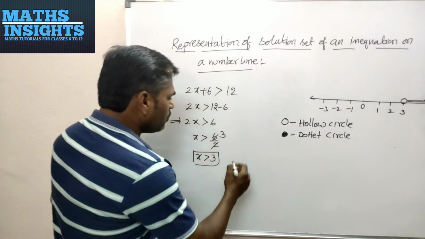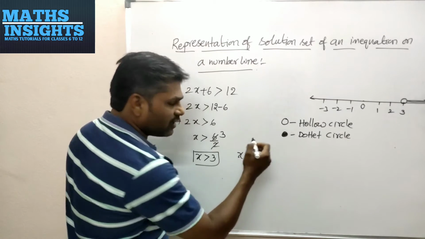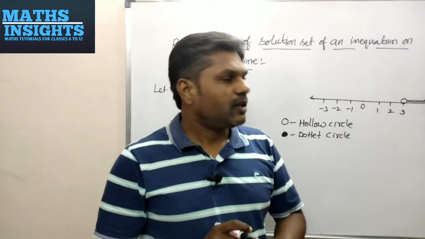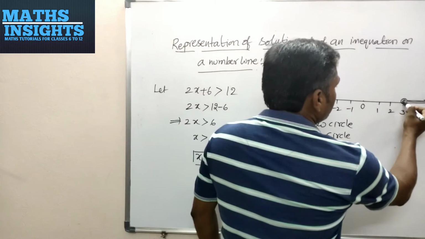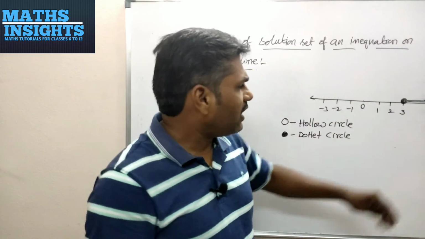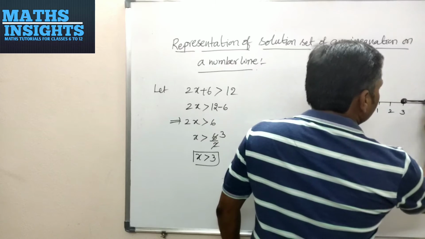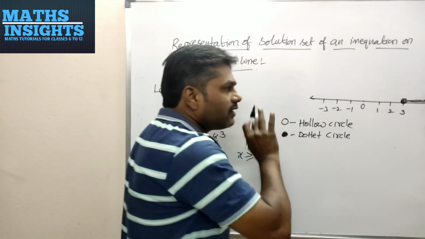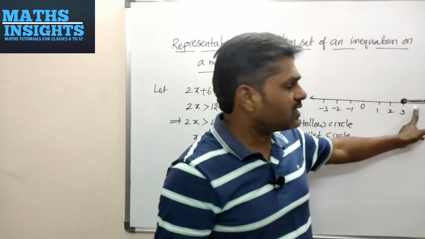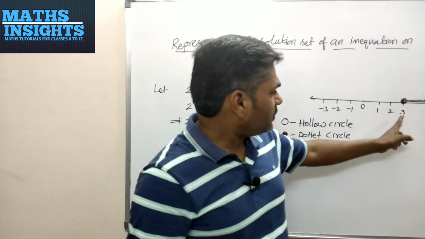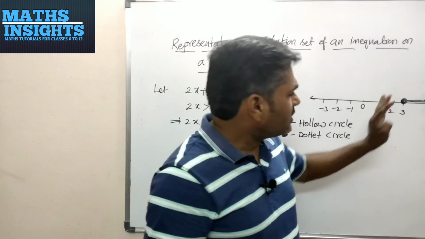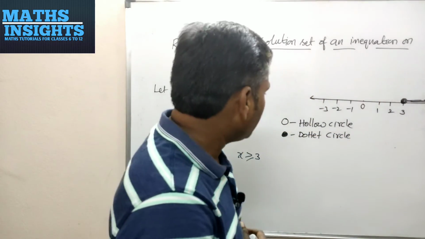Suppose x is greater than or equal to 3. That means the x value is greater and also equal. At that time you have to represent the solution region with a dotted circle and shade the region. Whatever the values in this region, you may have 4, 5, 6, 6.5, 3.06, whatever values lie on the right side of 3 will come into our solution.